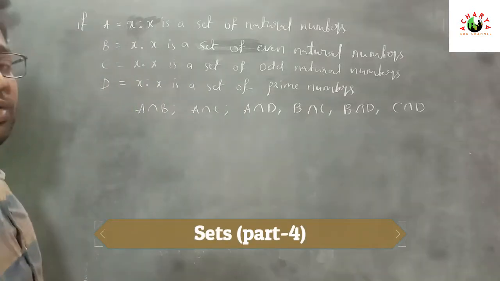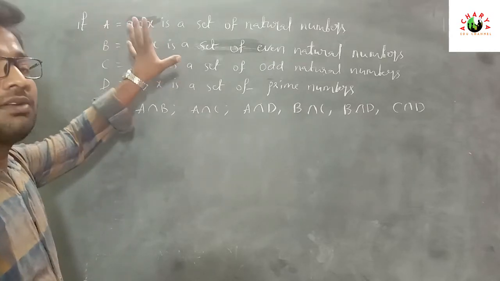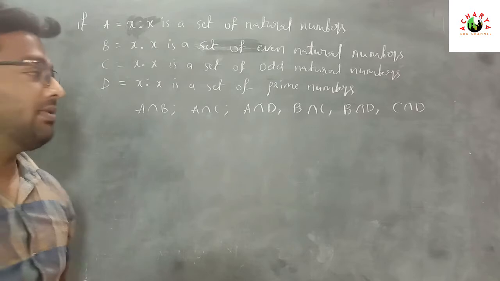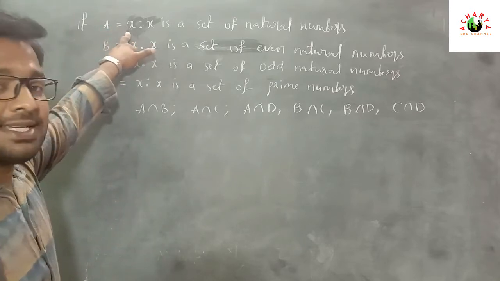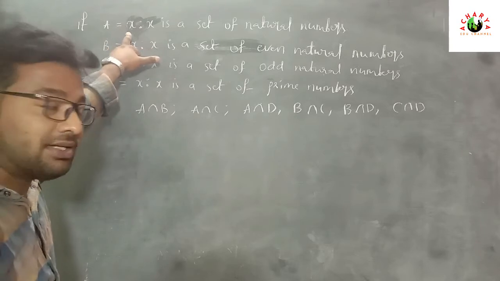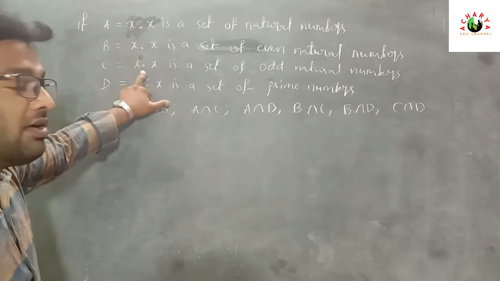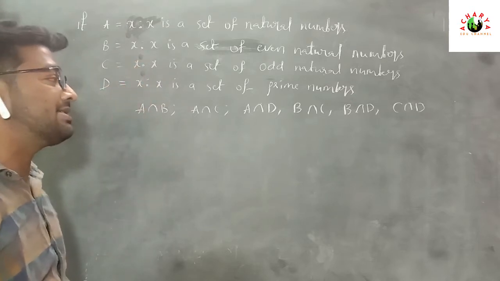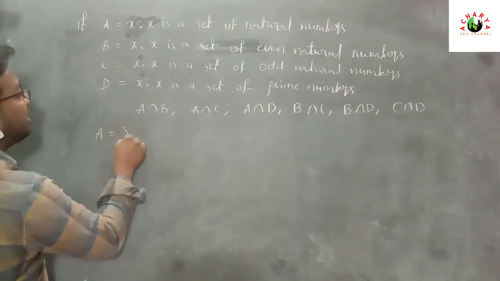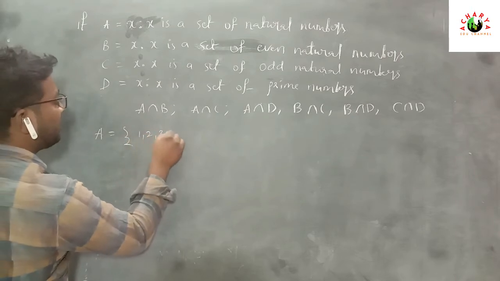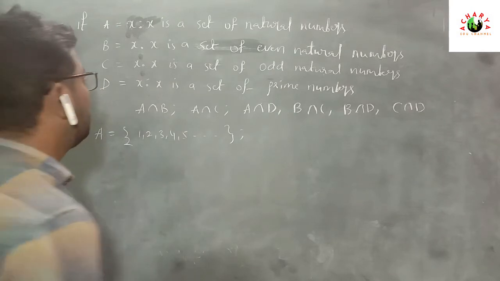So this is an indirect question. These are all given in set builder form. We have to convert them into roster form and do the problem. Here B is the set of even natural numbers, C is the set of odd natural numbers, and D is the set of prime numbers. See here, A is the set of natural numbers: 1, 2, 3, 4, 5, and so on.